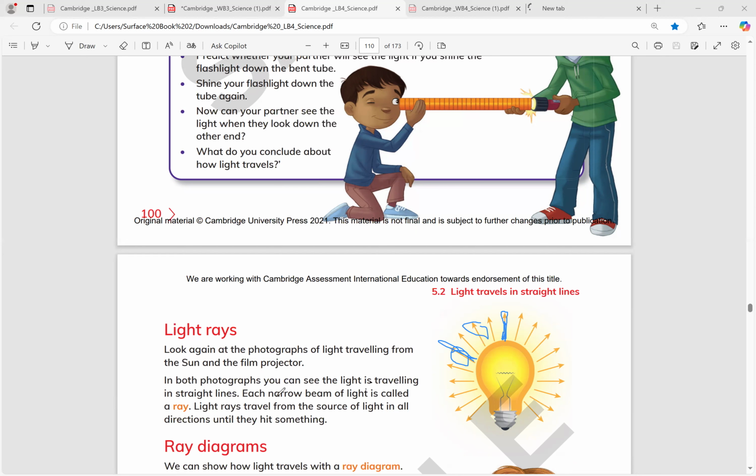What is a narrow beam of light called? What is the thing that I just underlined? A ray. Yes, it is a ray. These are light rays, and they are traveling from the source of light.